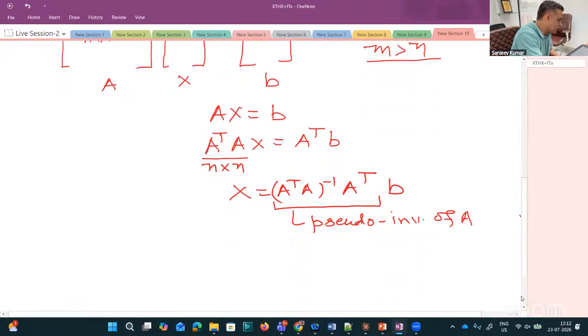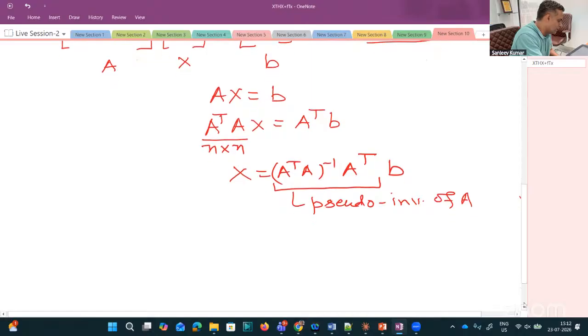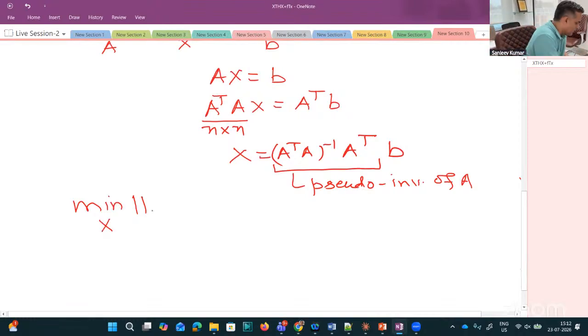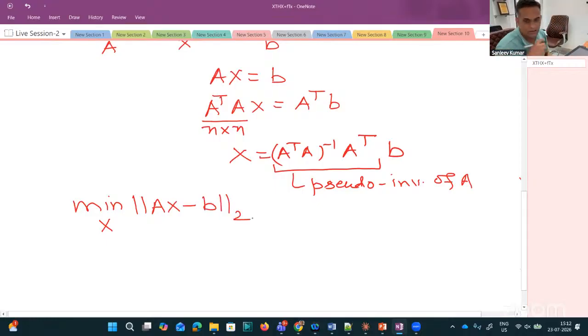Pseudo inverse of A. And what is this? Whatever solution you will get from here using this, it is equivalent to finding such a solution X which minimizes this matrix norm.